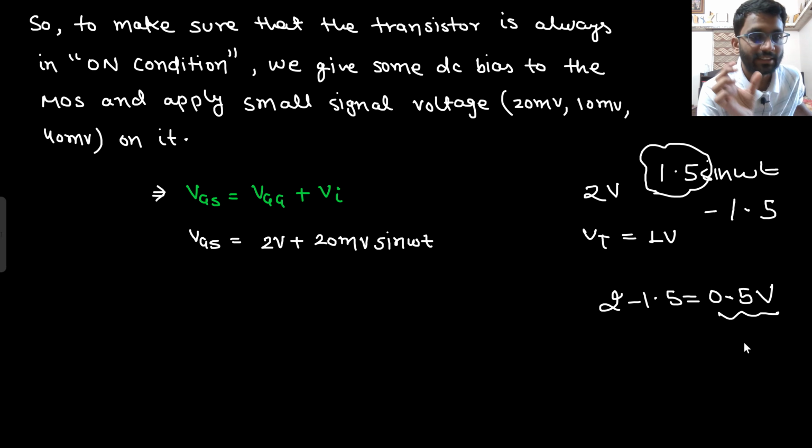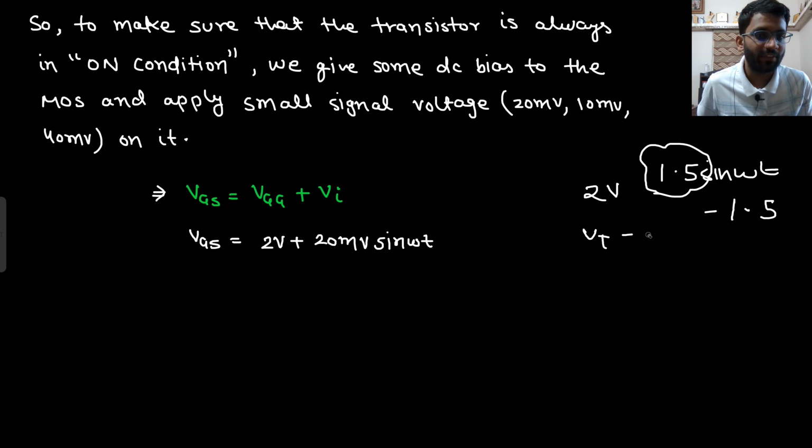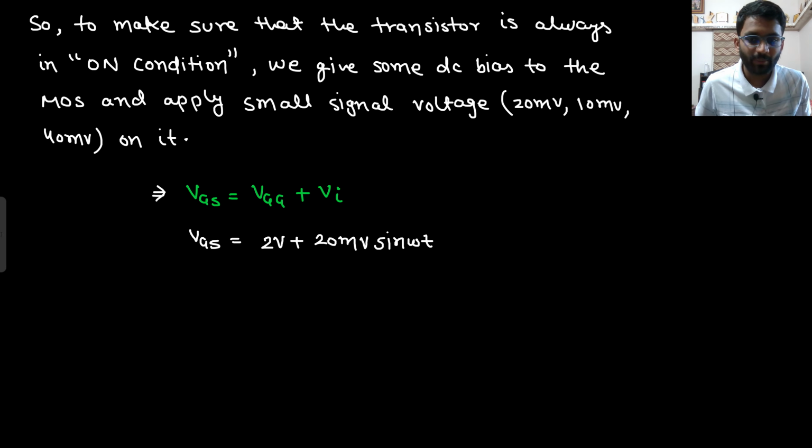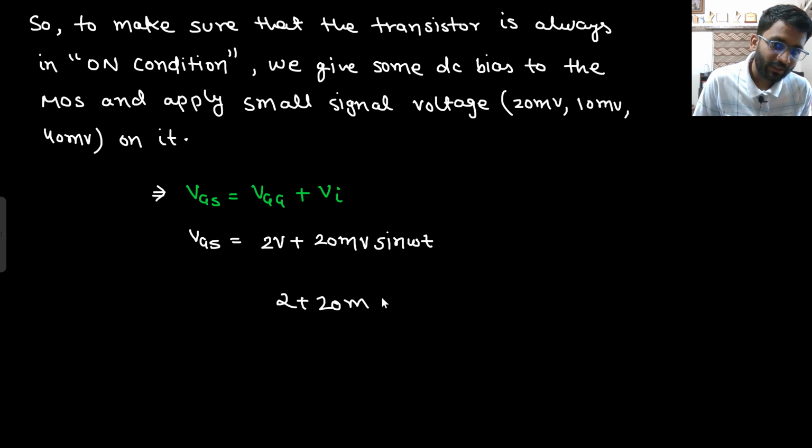But since 20 millivolt is a small signal voltage, the region of operation will not change, because there will be a very small change in VGS. What will that change be? Maximum voltage will be 2 plus 20 millivolt, that would be 2.02, and minimum would be 1.98.